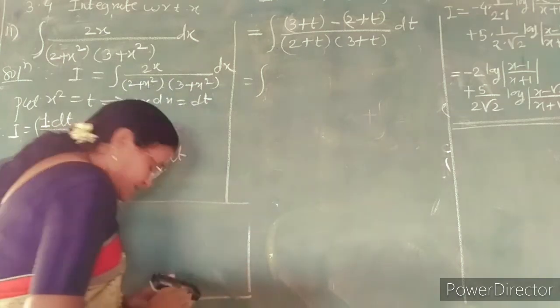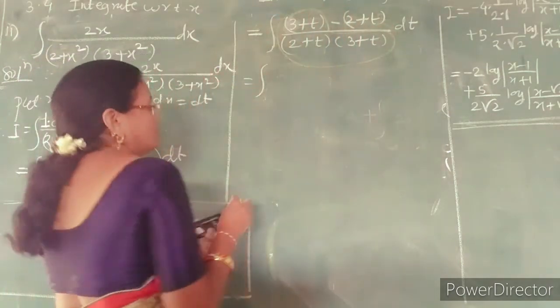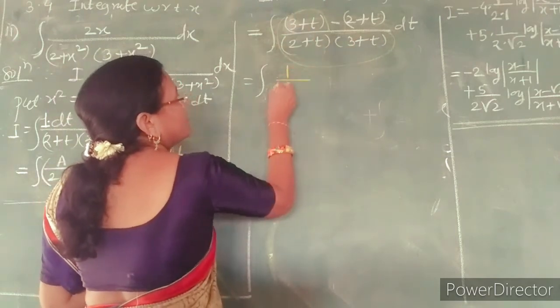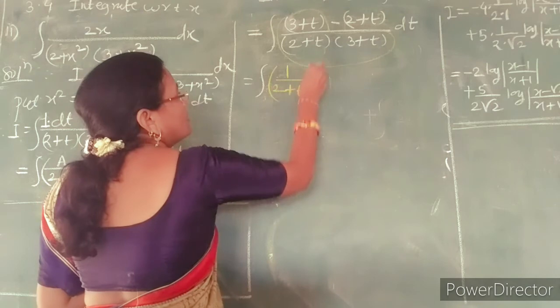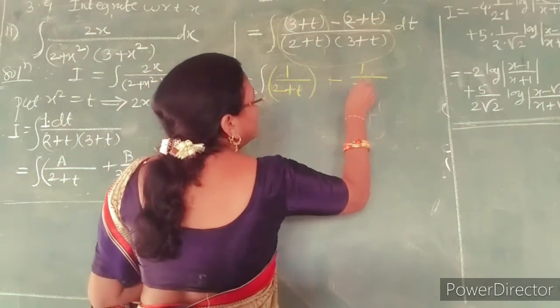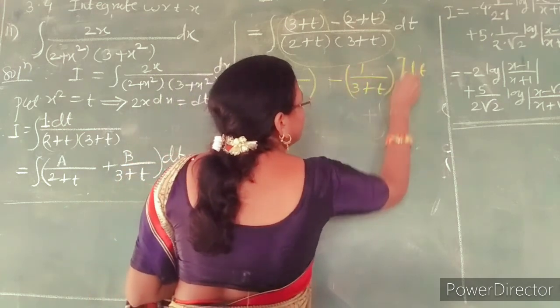Now separate this as division. So we get that factor: 3 plus t cancels with this, we get 1 upon (2 plus t). And for the second, 2 plus t cancels, 1 upon (3 plus t), and that whole integral with respect to t.